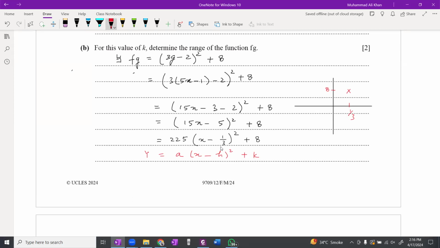A is 225, and if A is positive, then it means it is a minimum point. So the curve is like this. So according to this, the range of this curve is greater than or equal to 8. Hopefully the question of quadratics is clear.